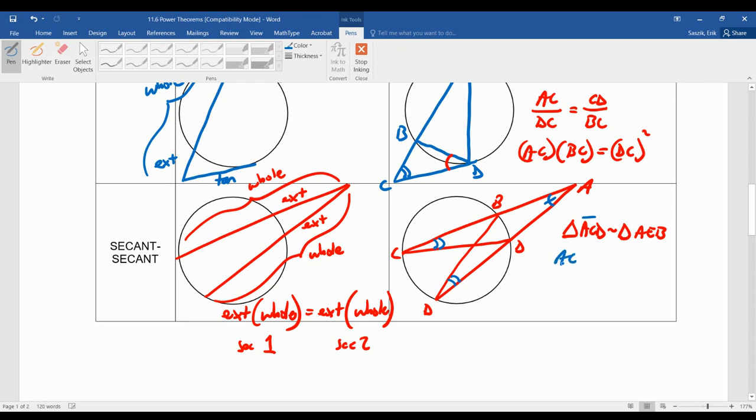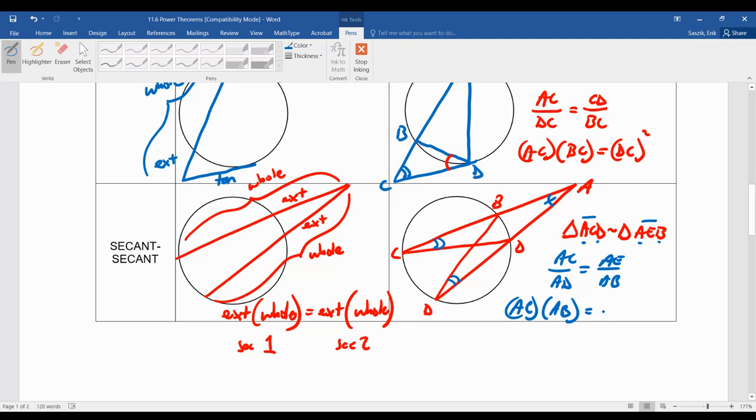What does this give us? This gives us AC, and AC matches to AE over there. I'm going to take AD. That's going to match to AB. And when I cross multiply that, sorry, that's a C, a little bit sloppy. AC times AB, you see that's whole times external.